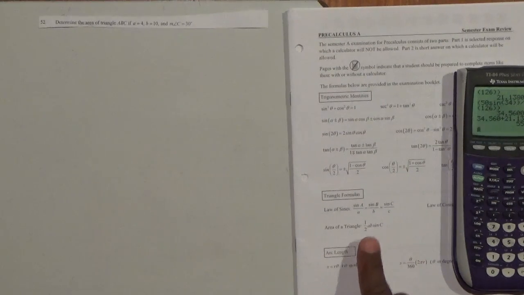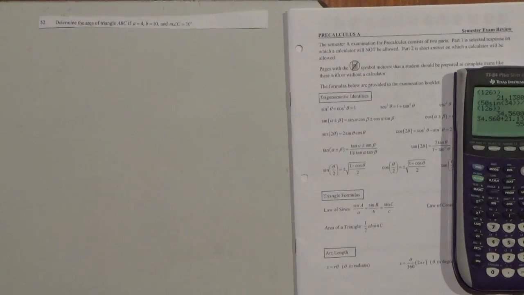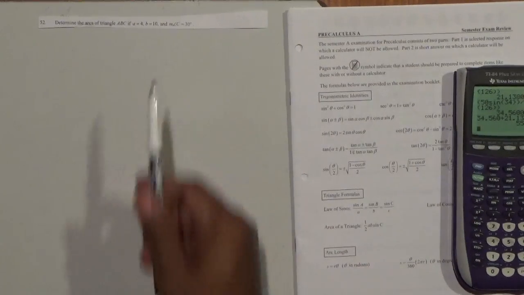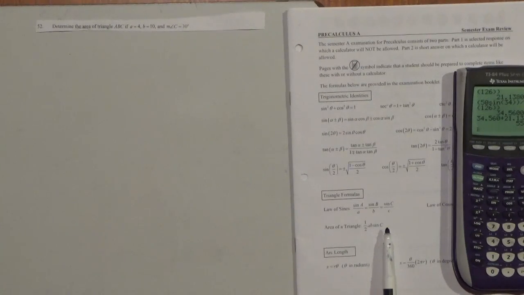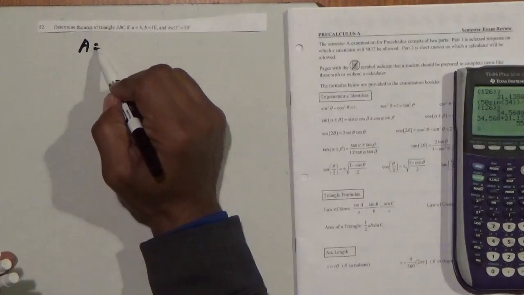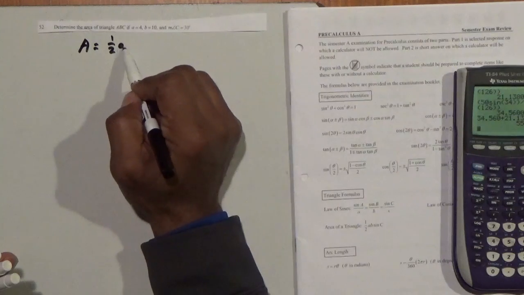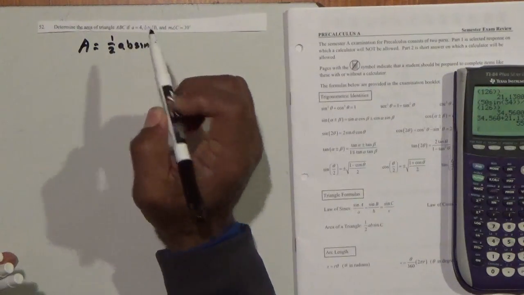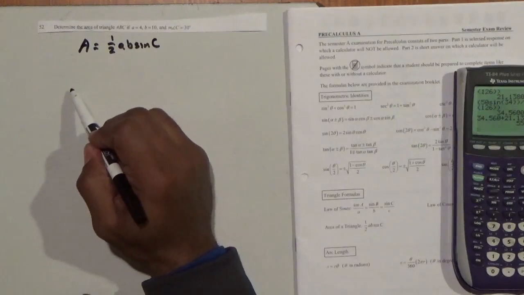It's pretty nice if you have an area of a triangle problem, especially if it's this one, because you got a side A, side B, an angle C. So let's write that: area equals 1/2 ab sine C.